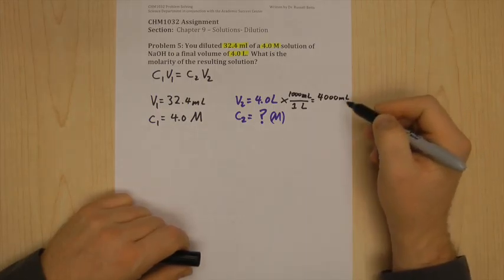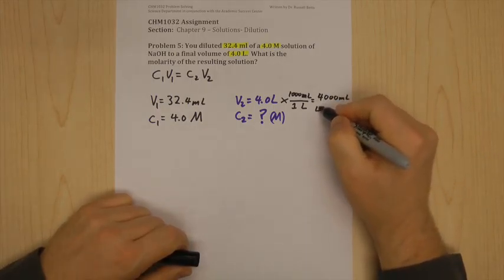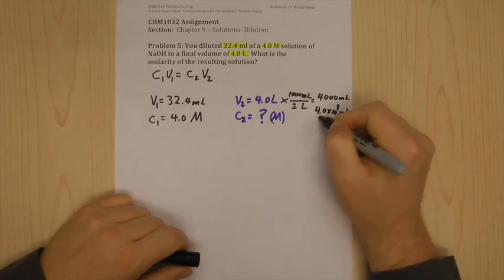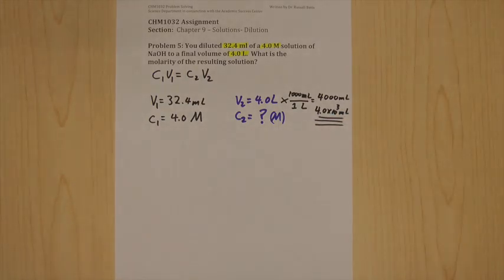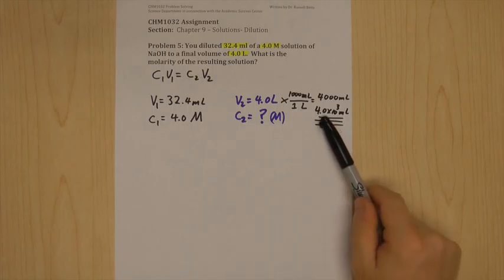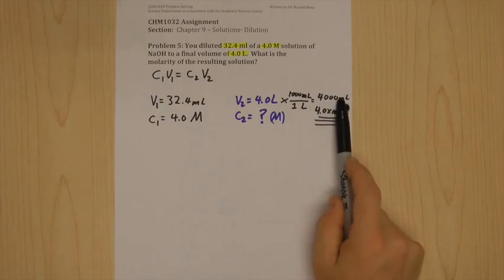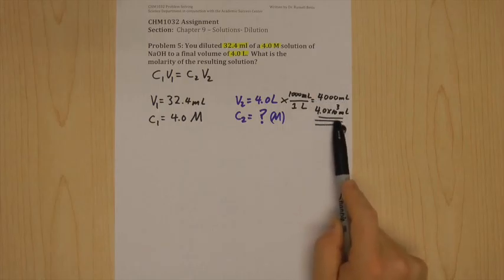Milliliters, but I have to be careful, significant figures. 4.0 times 10 to the 3 milliliters. Okay, I had to do that scientific notation in order to get my significant figures. There's two significant figures here. That number only has one, so I had to put it into scientific to get two.